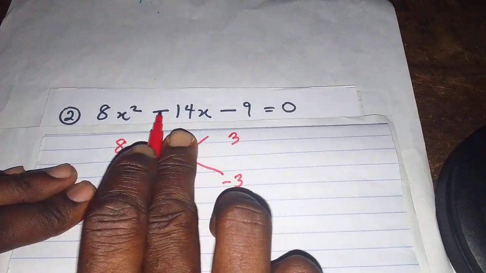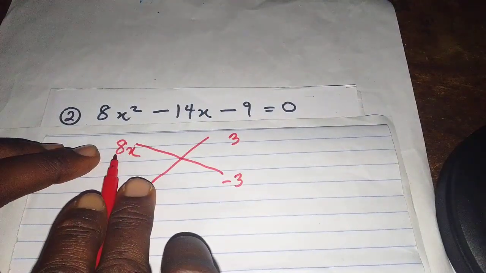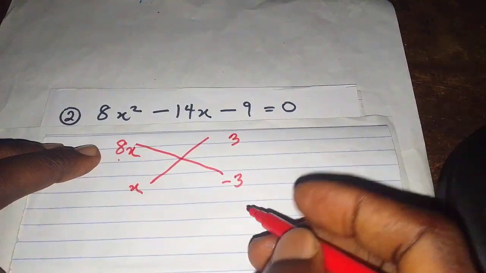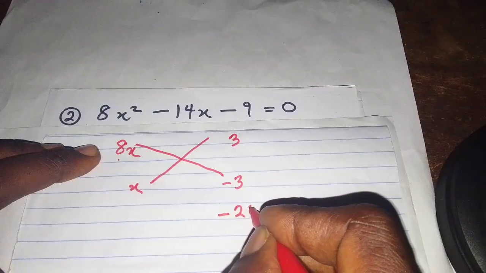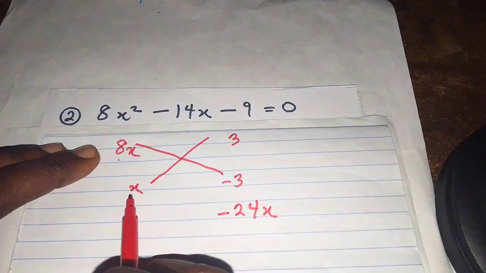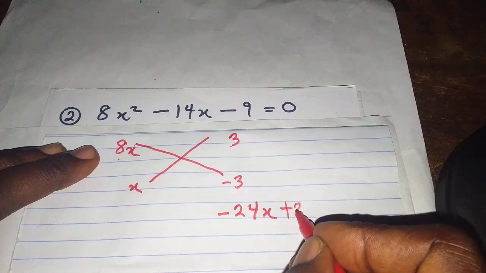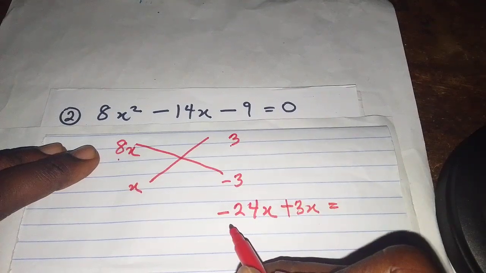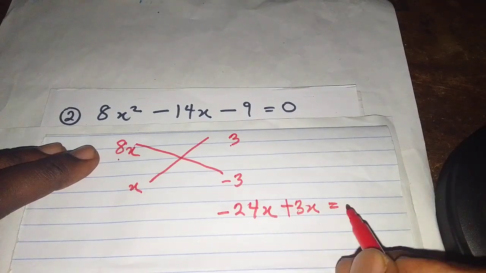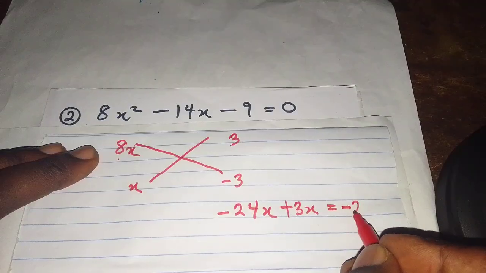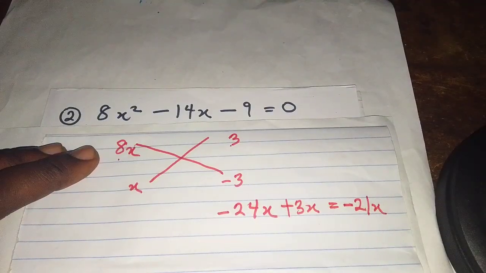So let's check if it gives us what is in the middle. 8x times minus 3 is minus 24x. Then x times 3 will give us plus 3x. So minus 24x plus 3x is minus 21x. So that didn't give us what we needed.